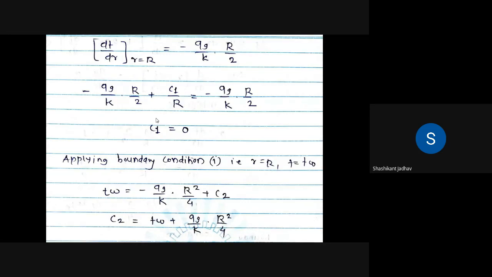Write down the equation, minus qg by k into r by 2.